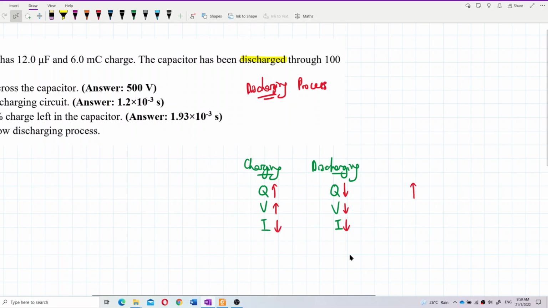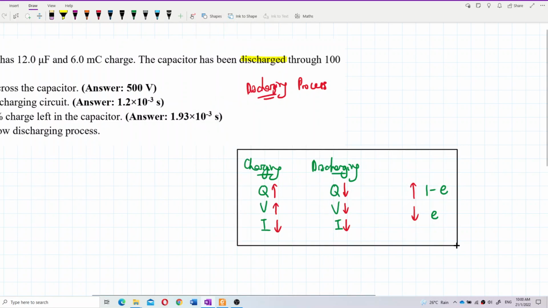If going up, we use the formula 1 minus exponent. If going down, we use the formula exponent. So those quantities that go up use 1 minus exponent, and those that go down use exponent. This is the key to remember all the formulas.